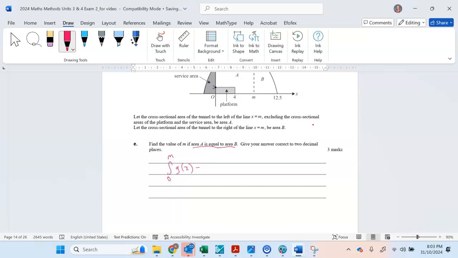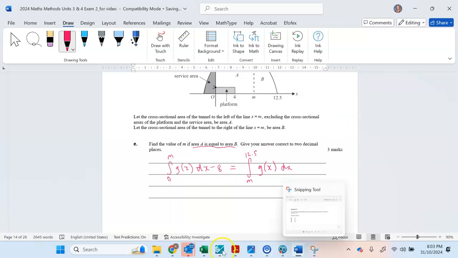There we go. Let's do dx, and then we're minus 8 because we've already done the area, so we don't need to do the definite integral. Is equal to the integral from m to 12.5 of g of x dx. And we're not subtracting anything. All right, so they want it to be equal.